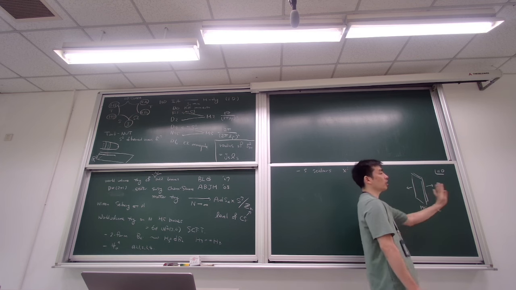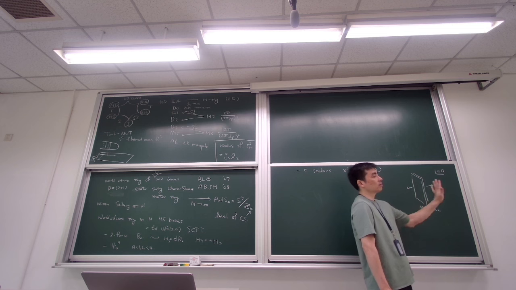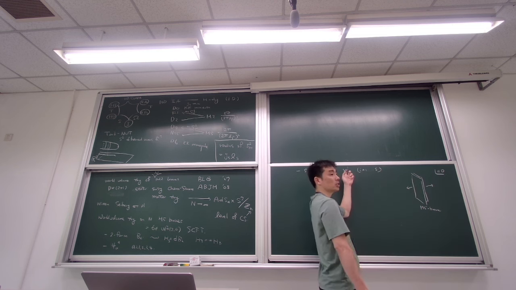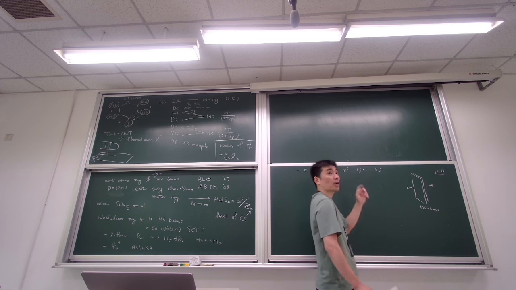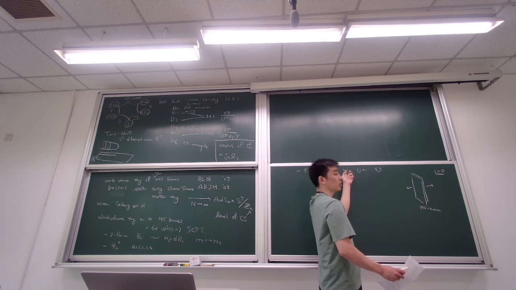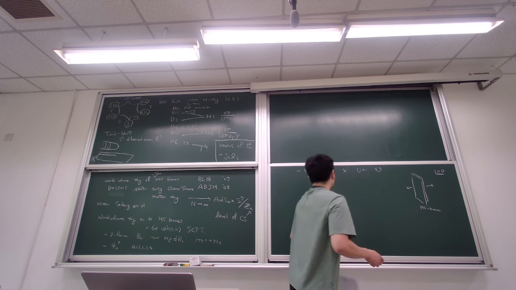So if you fracture the M5 brane in the orthogonal direction in spacetime, you get this; the 5-dimensional orthogonal space creates these scalar fields.